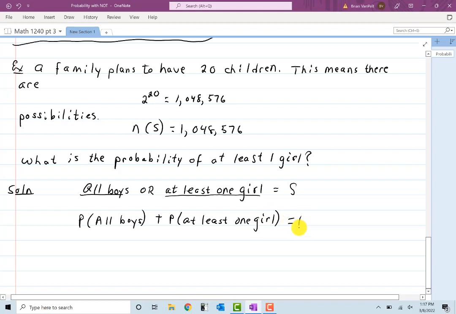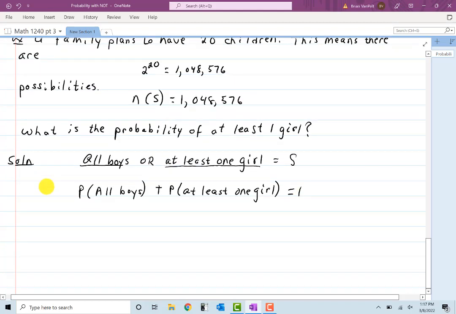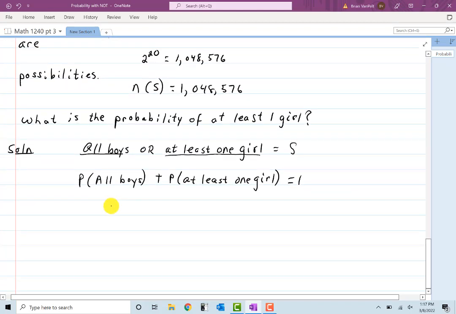What is the probability of all boys? Well, the probability of all boys is 1 out of 1,048,576. There's only one outcome that involves all 20 children being boys.